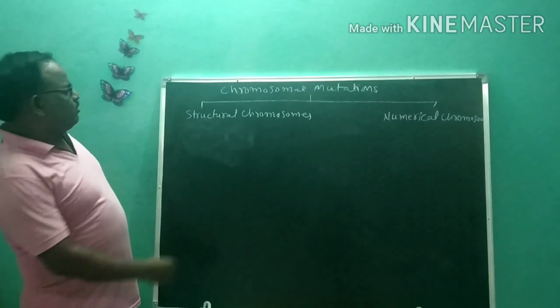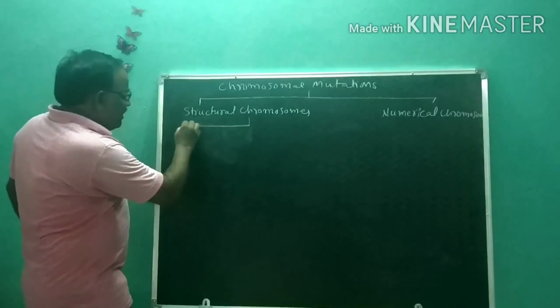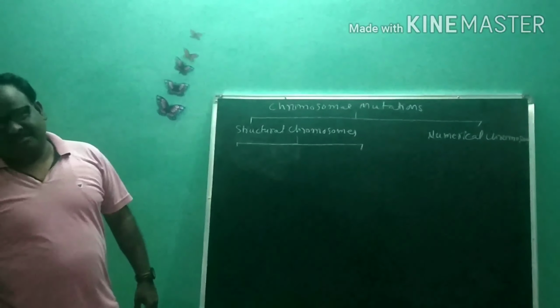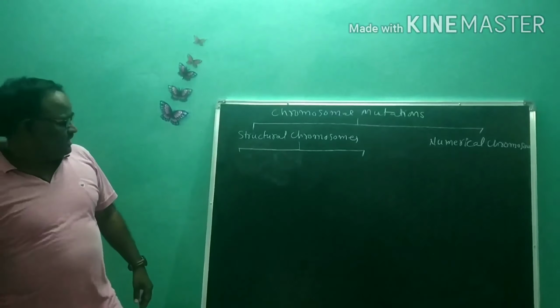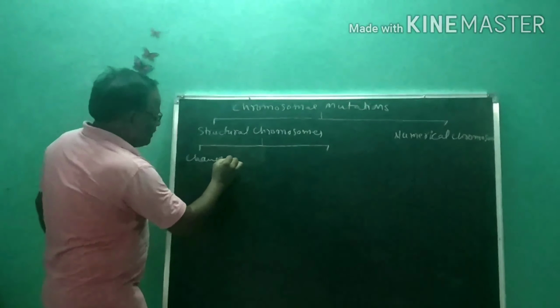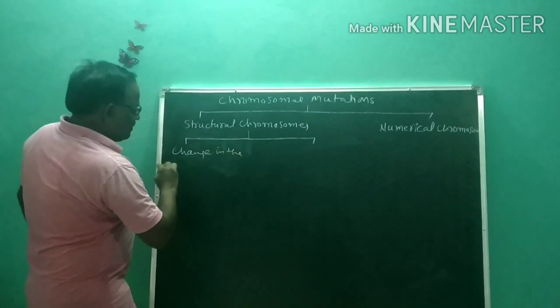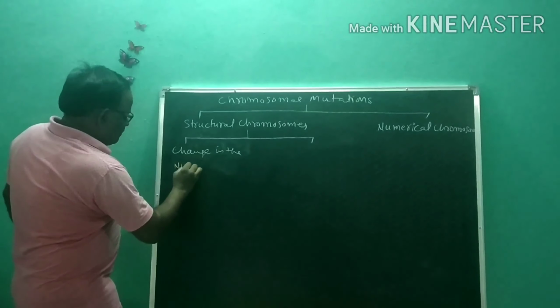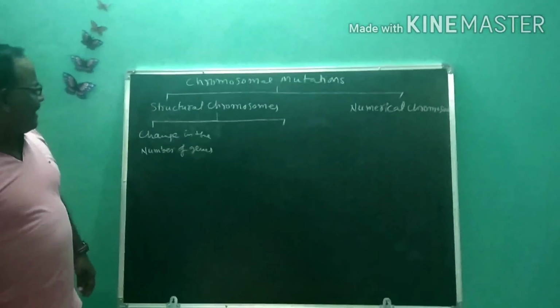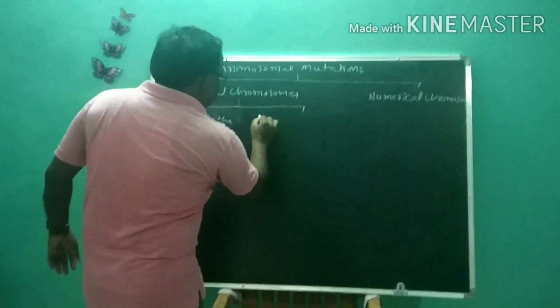Structural chromosomal changes are again of two types: changes in the number of genes, and changes in the arrangement of genes.